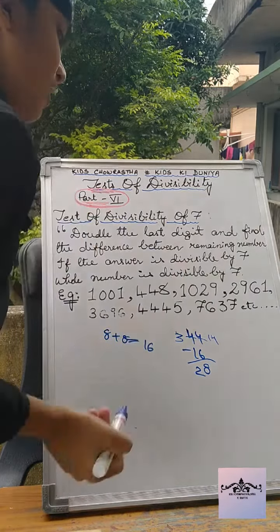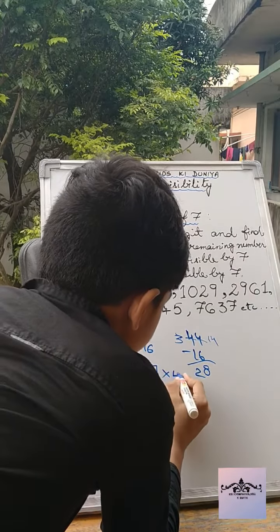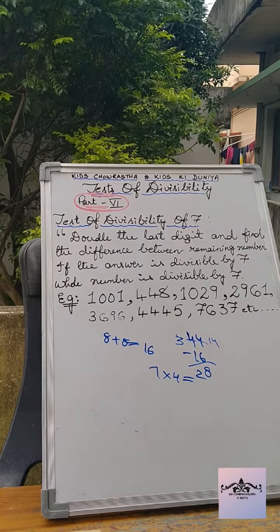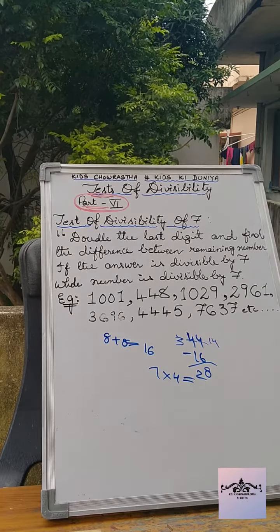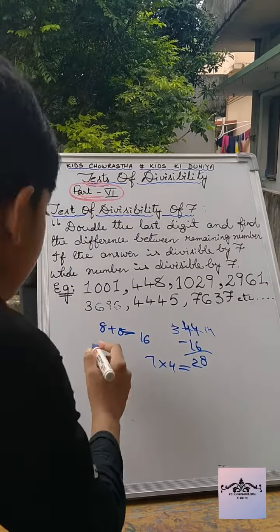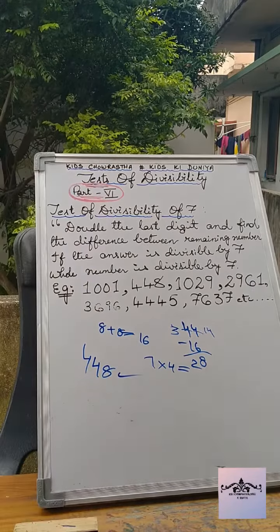Yes, because 7 4s are 28. So here we got our answer. This means 448 is divisible by 7.